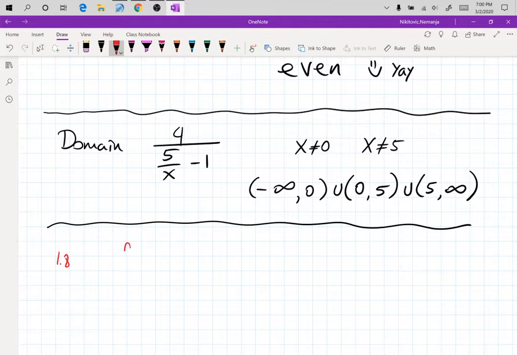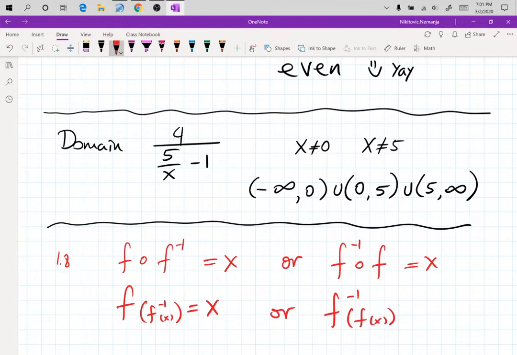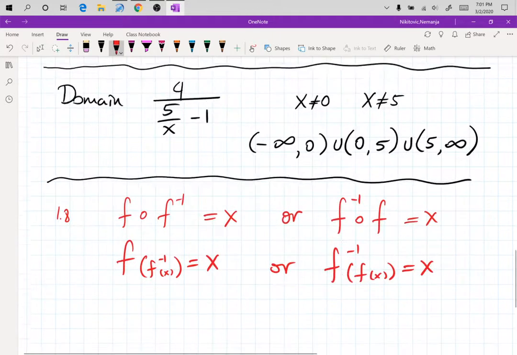In 1.8, I said function composed with the inverse gives x, or function composed with a function produces an x. The other way to write the same thing is function, when you plug in an inverse inside, produces an x, or inverse function, when composed with the original function, gives us an x.